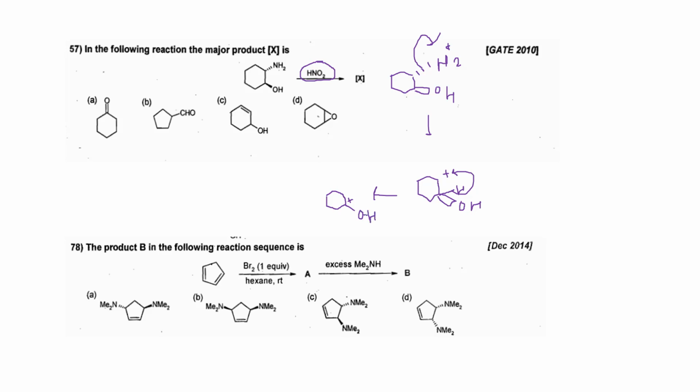So it undergoes neutralization, giving us this as our product. So this is an example of semipinacol-pinacolone rearrangement. So don't get confused about why NH2 is given. You have to know that this will be the same as the pinacol-pinacolone rearrangement.